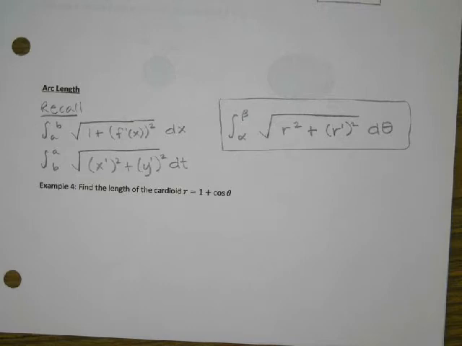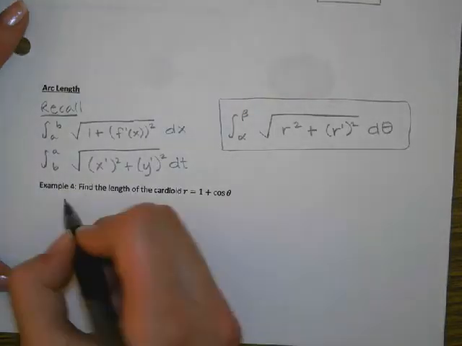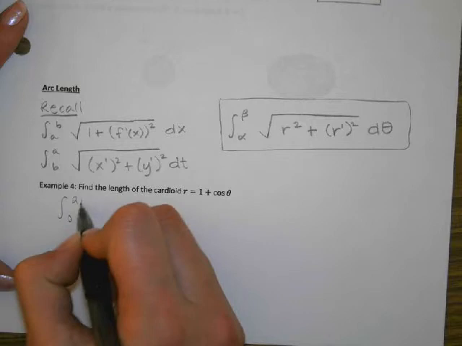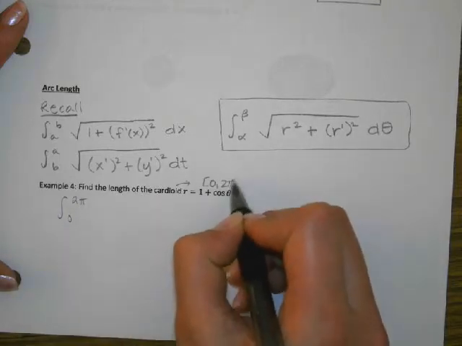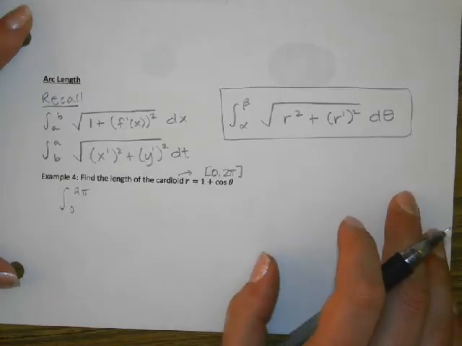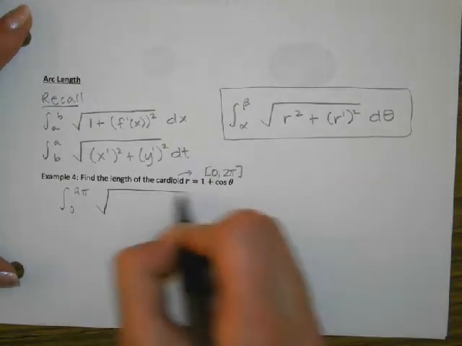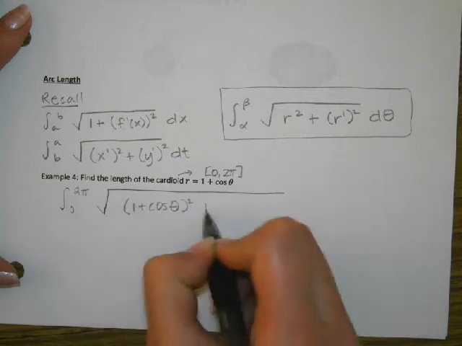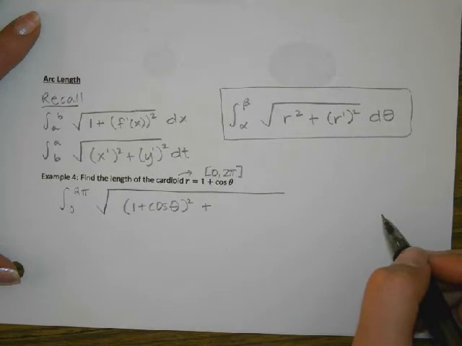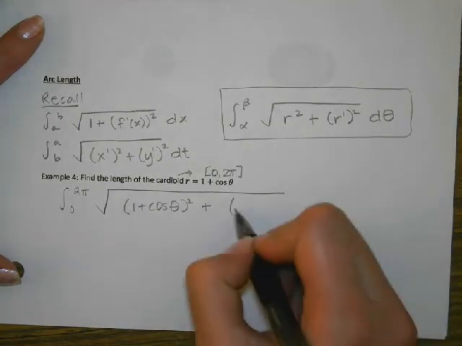All right. So let's do example 4. I bet you guys can talk me through it even though you've never seen one before. What's our interval? 0 to 2 pi. How did you know? Because it's a cardioid. It's a cardioid, yep. All right, and then we've got the square root of 1 plus cos squared plus negative sine squared.